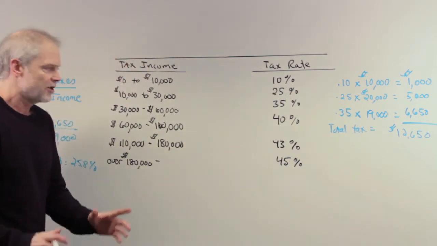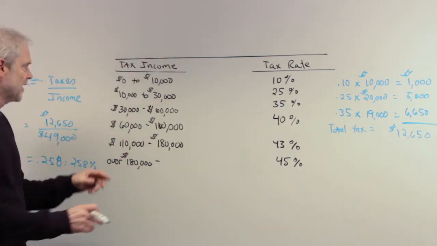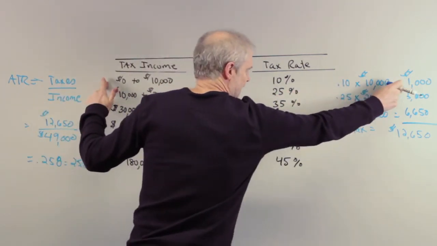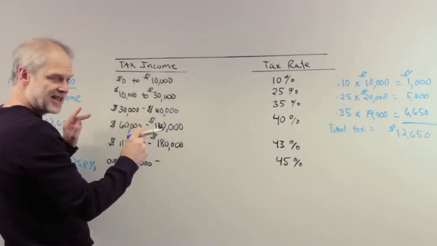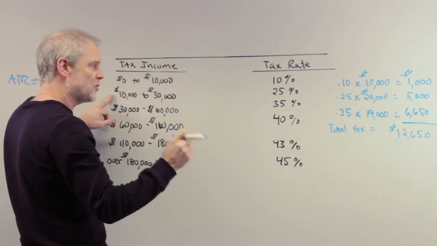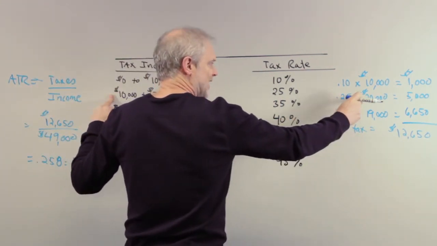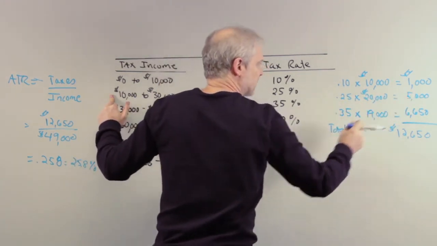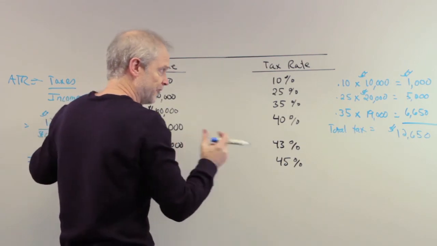Just to review: you're making $49,000 in income. On the first $10,000 you pay 10%, which is $1,000. On the next part of your income, from $10,000 to $30,000, you pay 25%. 0.25 times the $20,000 of extra income there means you pay $5,000 in taxes for that portion.